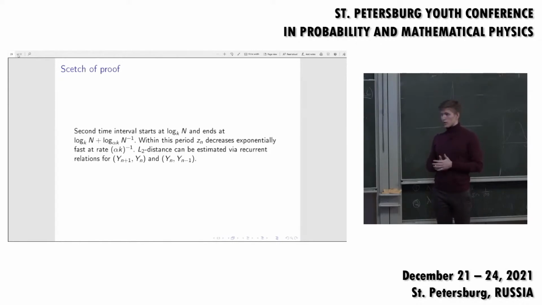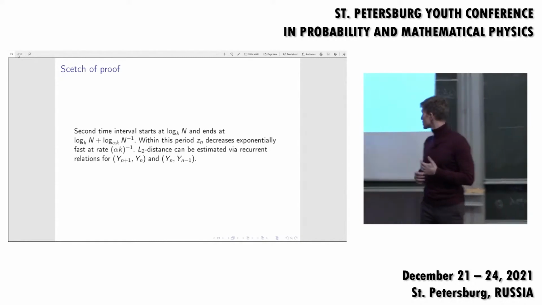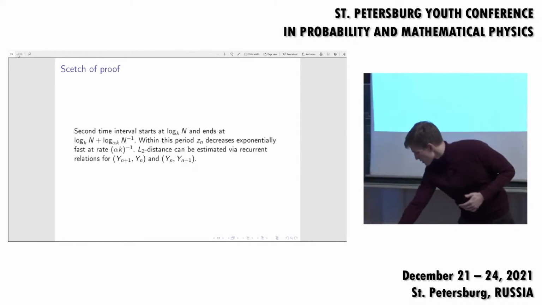It decreases with rate alpha k inversed. Here again, we can estimate the L2 distance with the usage of some relations for the stochastic sequence.